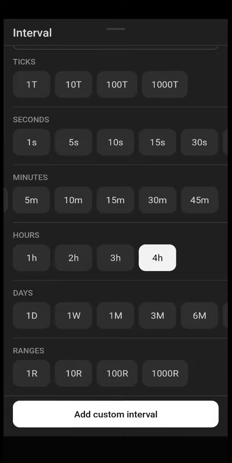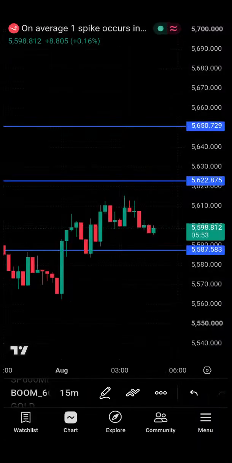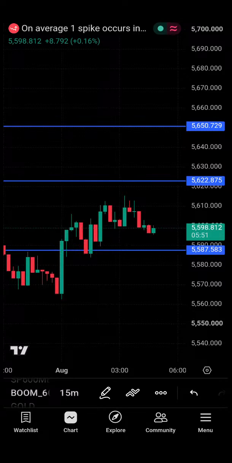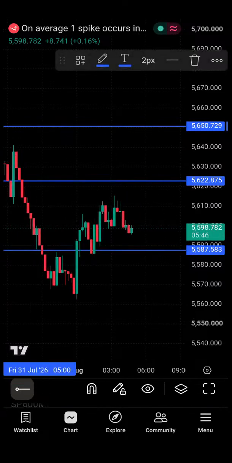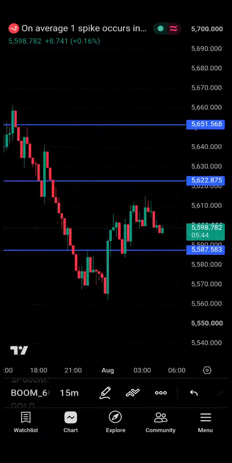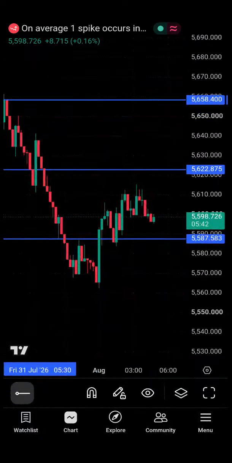So if you're going to take a short-term trade, because we are still testing the resistance level, this level is the resistance level. Okay. We're still testing this area.